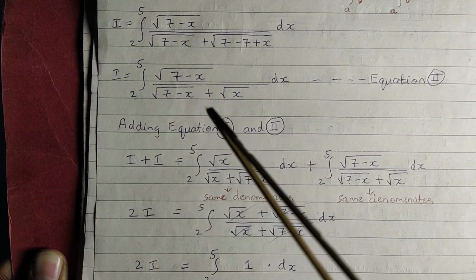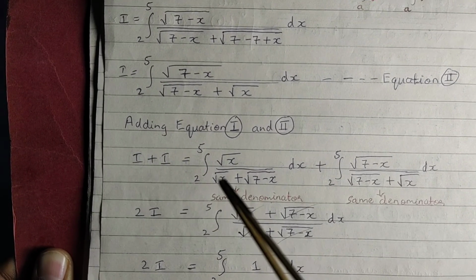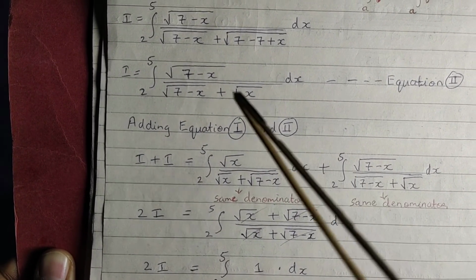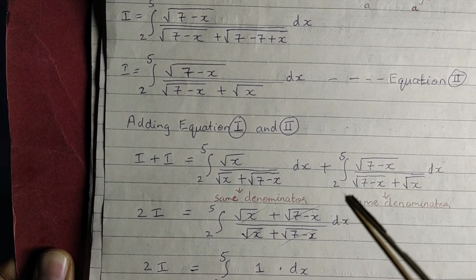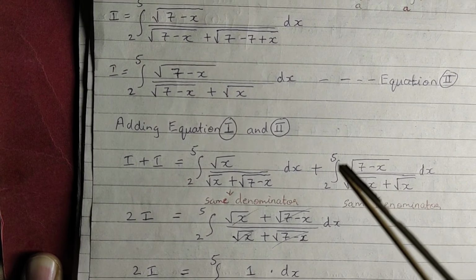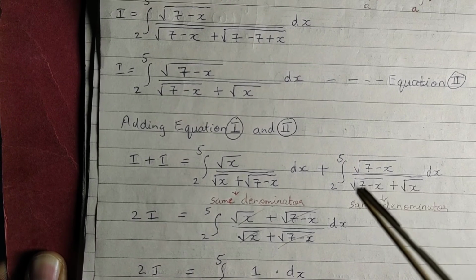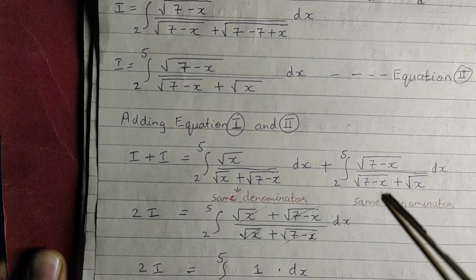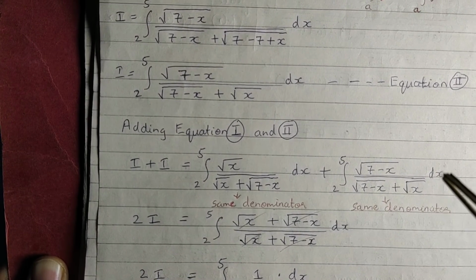And this equation 2 we have copied over here, and added: 2 the lower limit, 5 the upper limit, and 7 minus x divided by under root of 7 minus x plus under root of x dx.